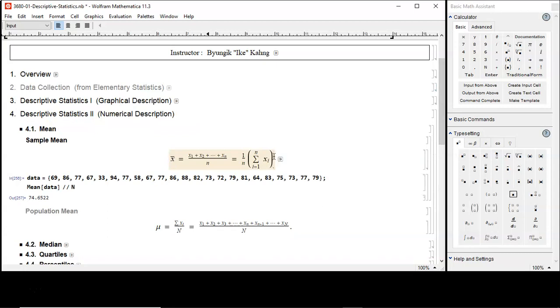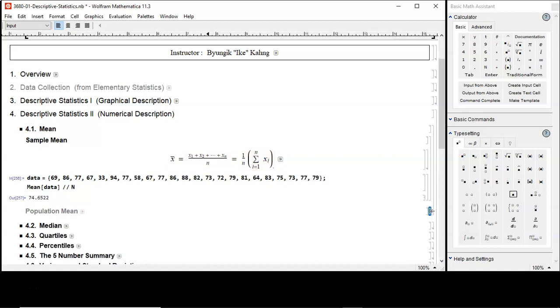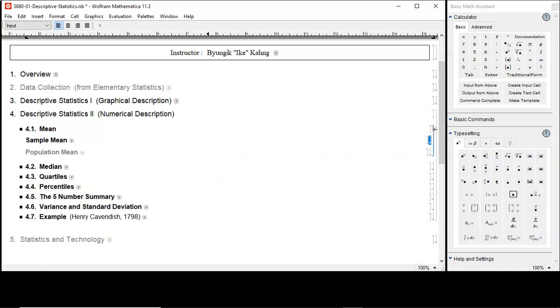So whenever you see a bar in statistics class, it is very likely talking about the sample mean. If you see a mu, then it's highly likely it is a population mean, a parameter.